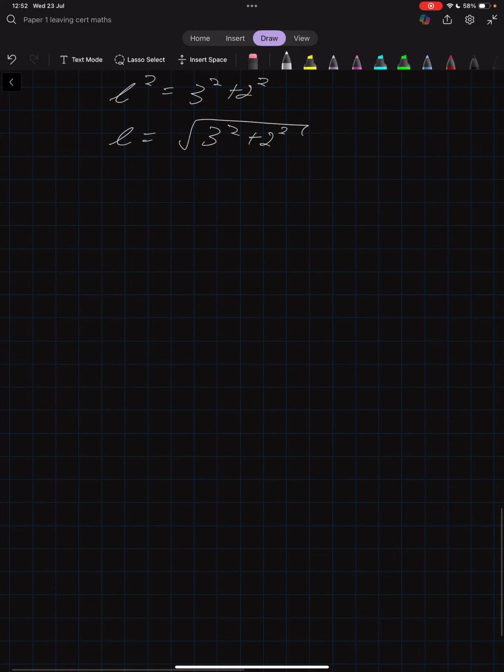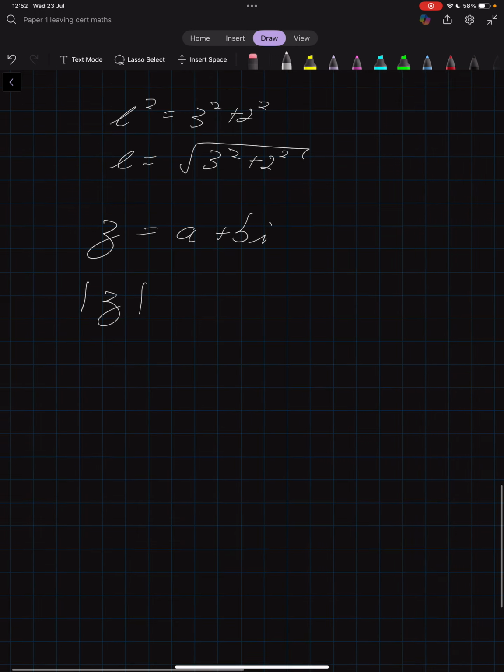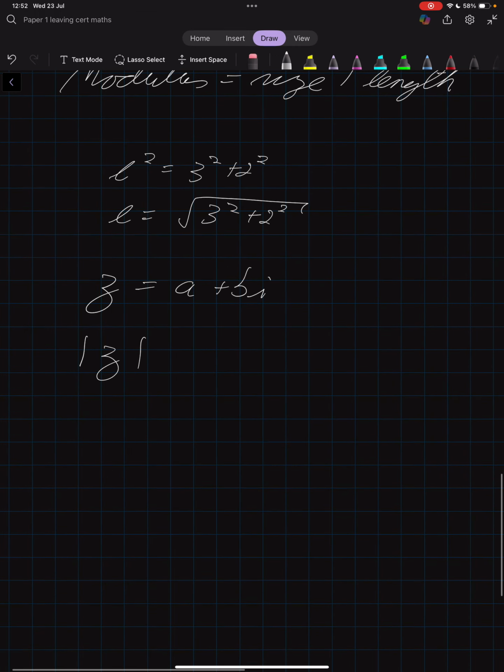Now, the way they'll say it is, let's say z is equal to a plus bi. So z is just some complex number. If they ask you for this, it is called the modulus of z. This is how they will write it. They will ask you, what is the length of z? So this is equal to the modulus of a plus bi, which is equal to the square root of a squared plus b squared.